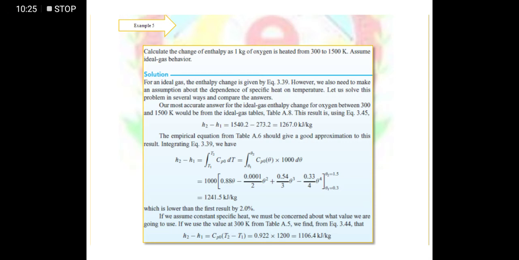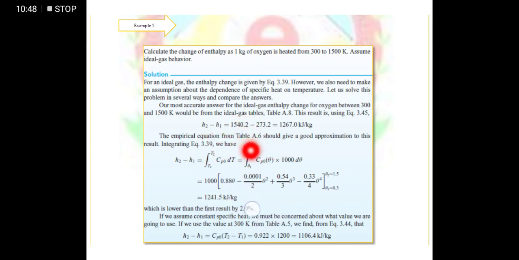If we integrate that expression, the result is this: 0.88 theta, then 0.001 over 2, and so on. The 1,000 here comes from the equation in table A.6.